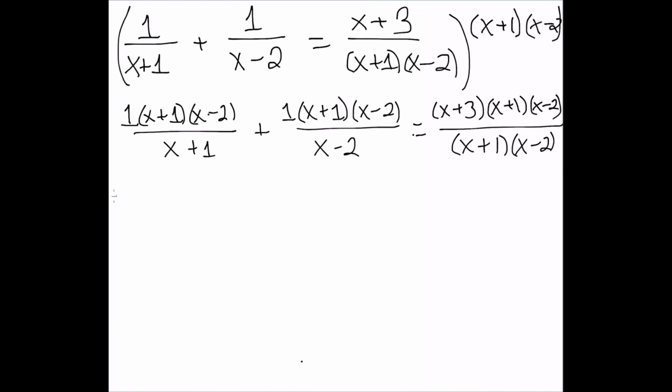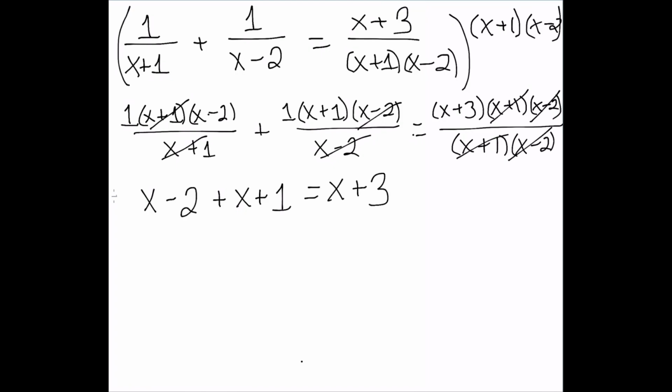And when we do this, we can start to notice things cancel. Here we have an x plus 1 on the top and bottom, here x minus 2, and the third fraction has both x plus 1 and x minus 2. That leaves us with x minus 2 plus x plus 1 is equal to x plus 3.